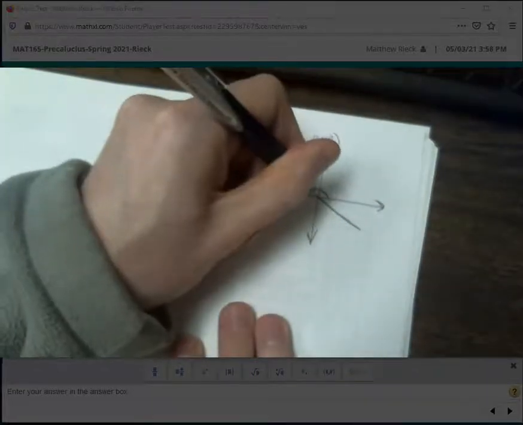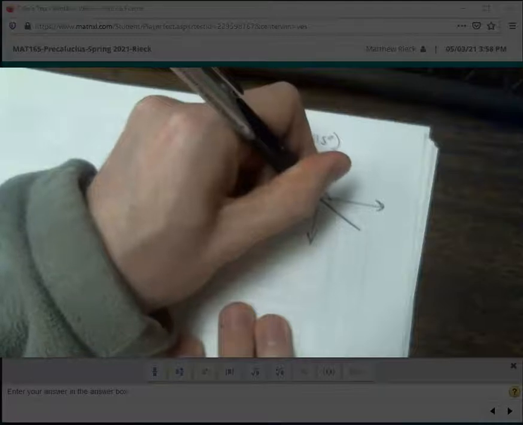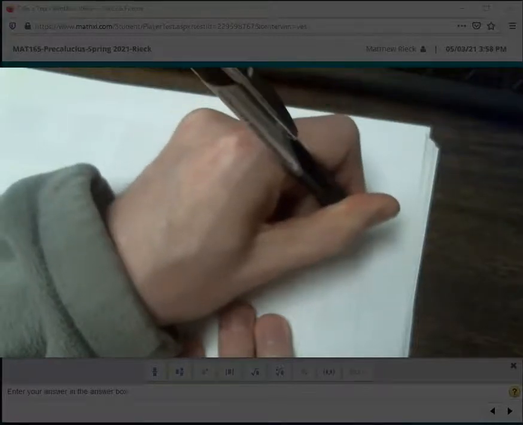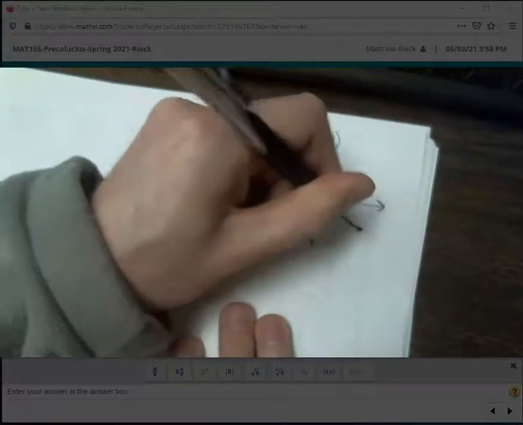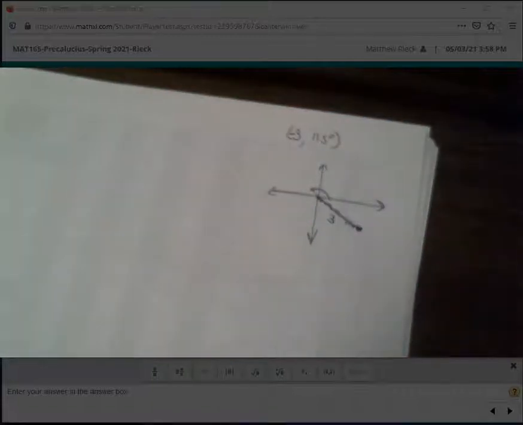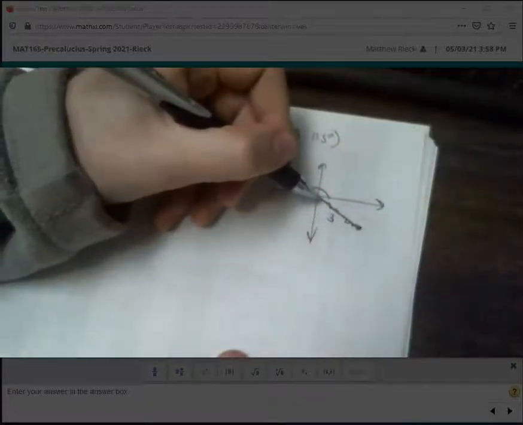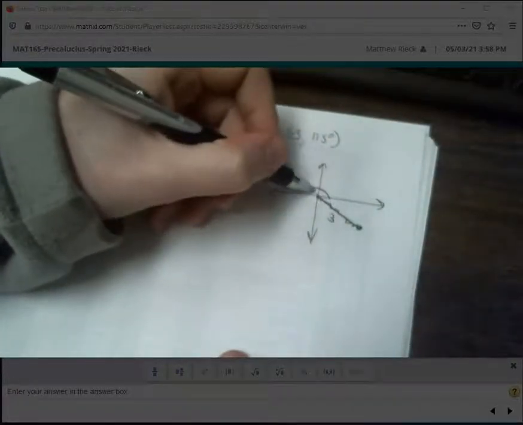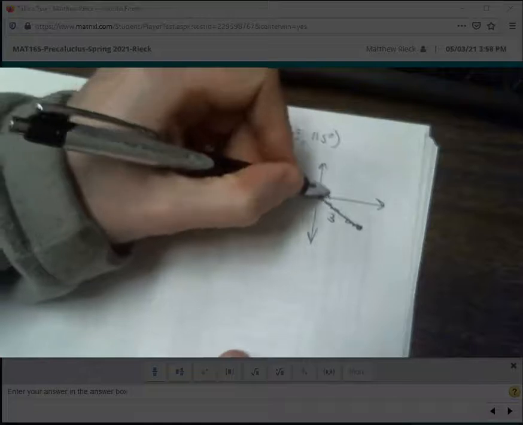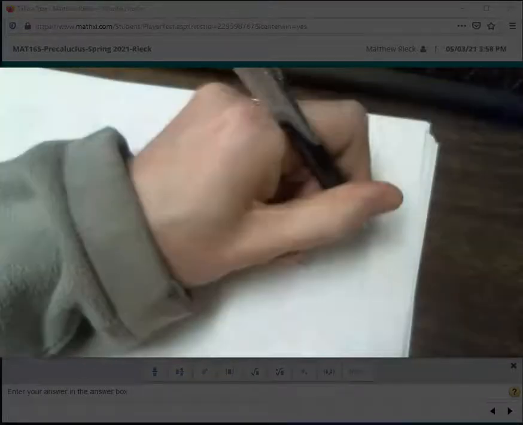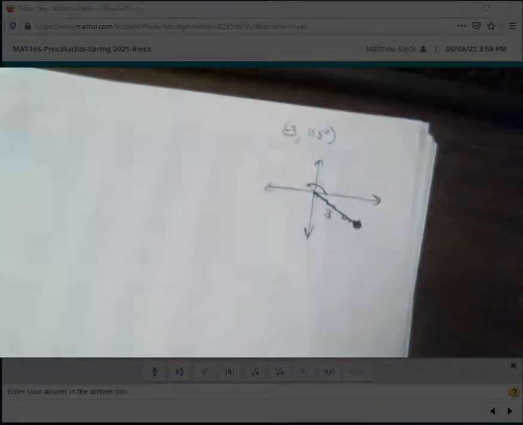So generally our vector would be over here, and this is going to be going -3 units. So our distance would be 3, and then our angle would be the 115 on there. So this is the point that we're looking for about.